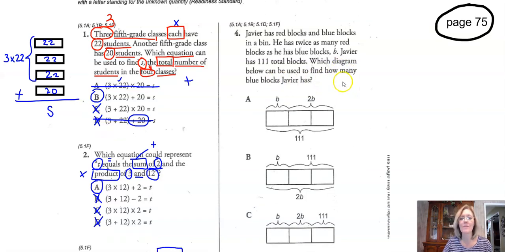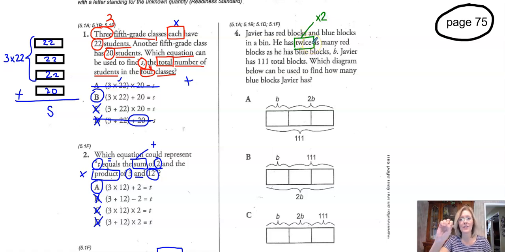So let's come up here and let's do our cube strategy. So he has red blocks and blue blocks. That was a tongue twister. And here's the important stuff. He has twice as many. Twice means what? Twice means times 2.